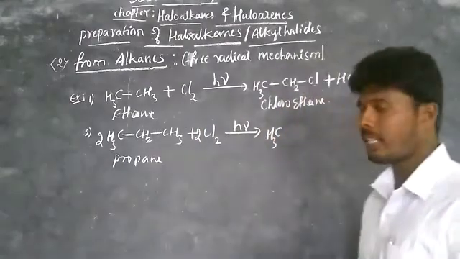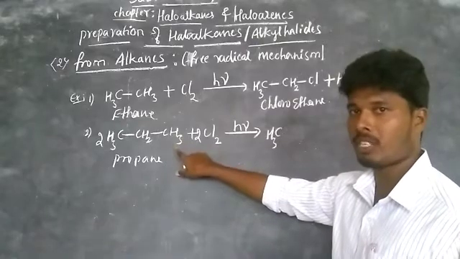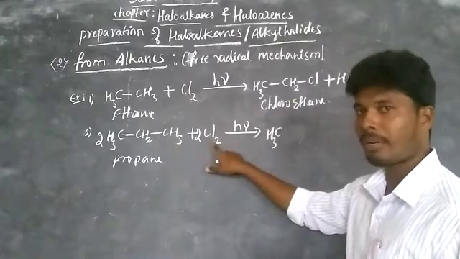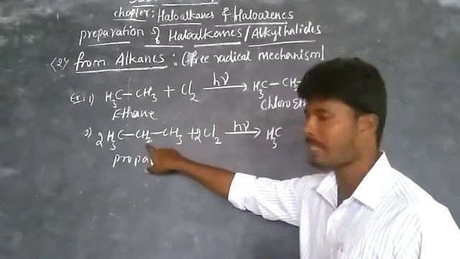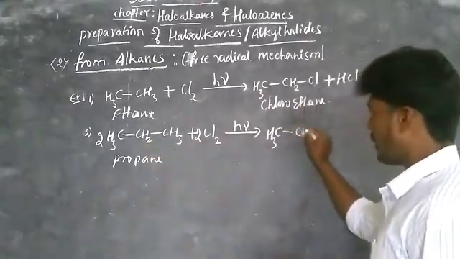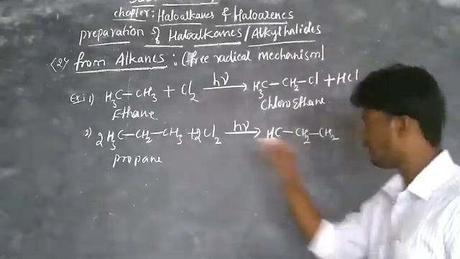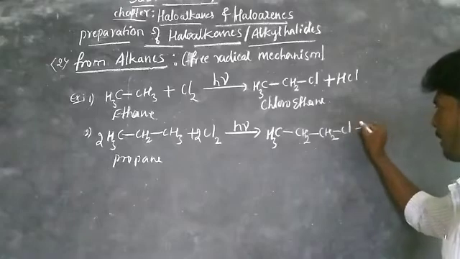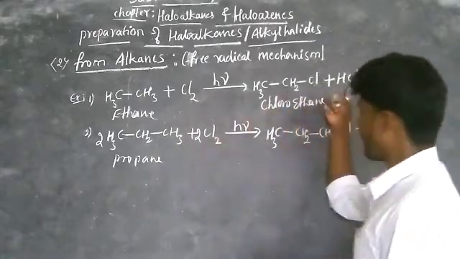In the first case, one of the hydrogens from the CH3 group is replaced by chlorine, and in the second step, one of the hydrogen atoms is replaced by chlorine. So CH3 CH2 CH2 Cl plus one hydrogen and one chlorine becomes HCl.